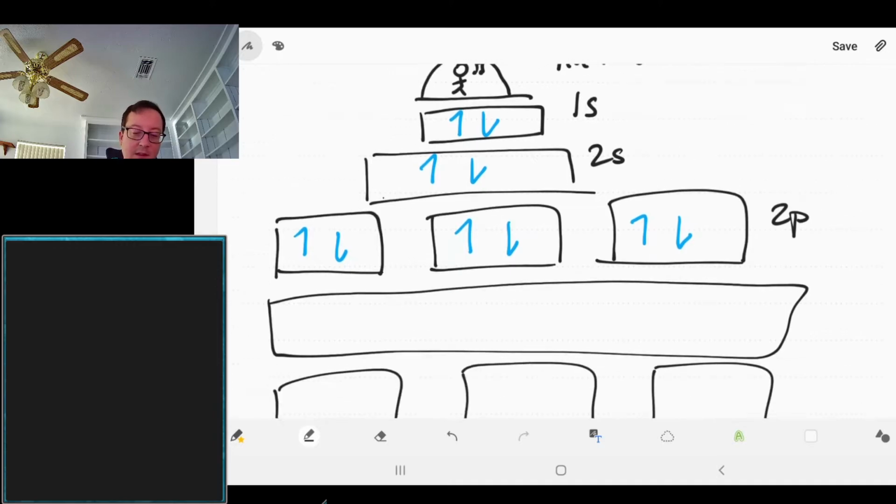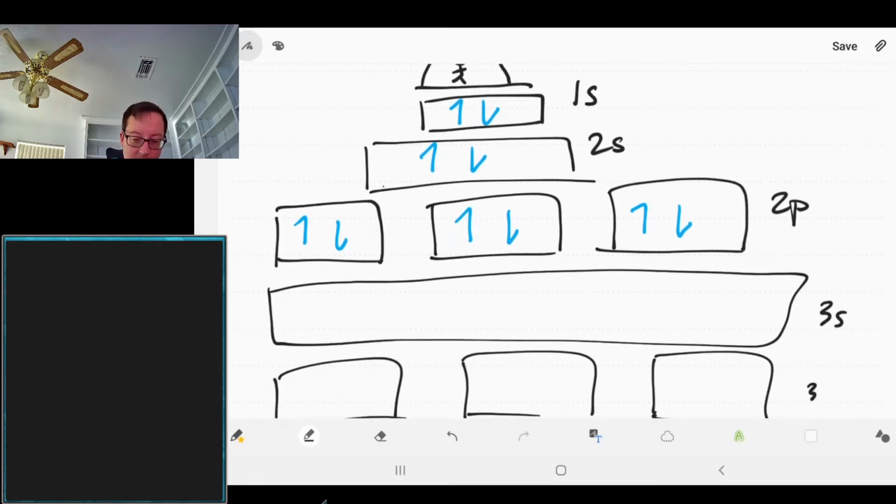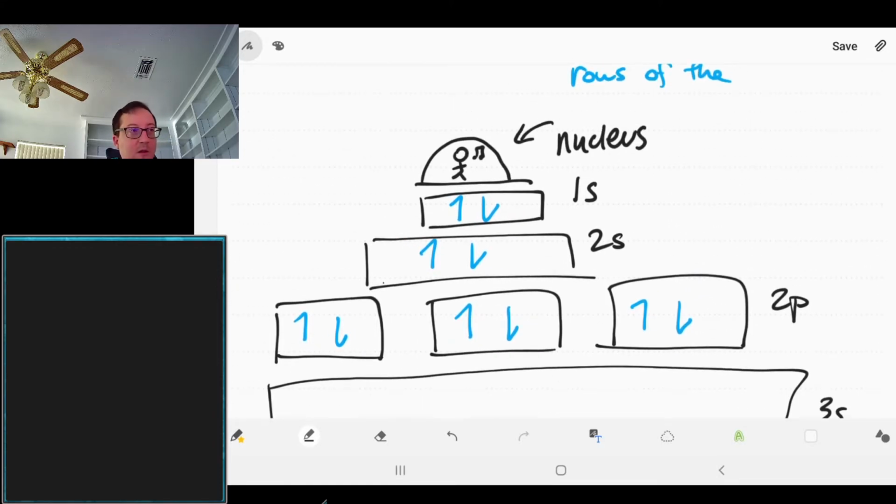And had we continued, we would have some more orbitals to deal with. Remember that the S subshell is spherical, and it's got only one iteration of itself. Remember those p orbitals, though, we could actually orient them in different ways, right?